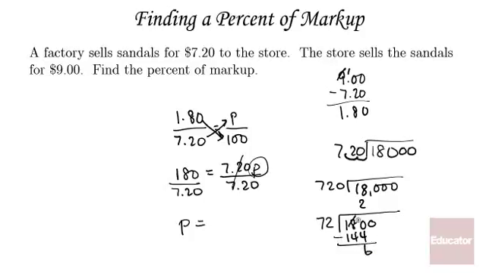I borrowed, so 7 minus 4 is 3, 360. And we could try maybe about 5. 72 times 5, 360, perfect. So the percent of markup was 25%. So this item was marked up by 25%.